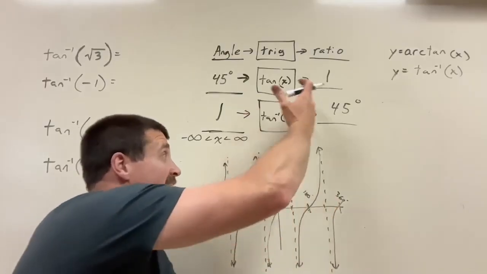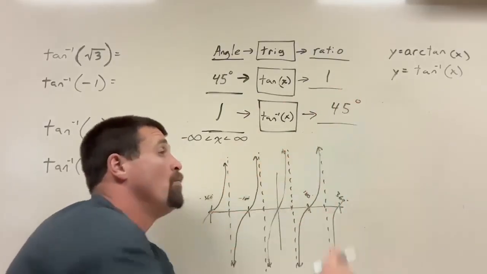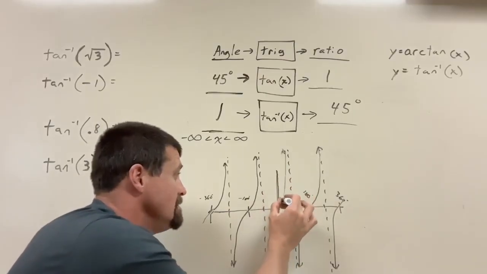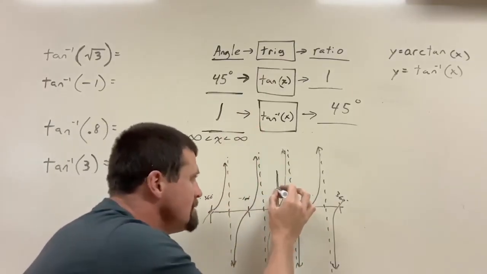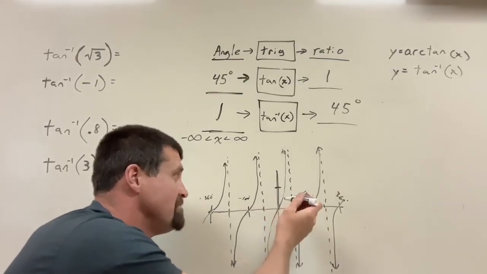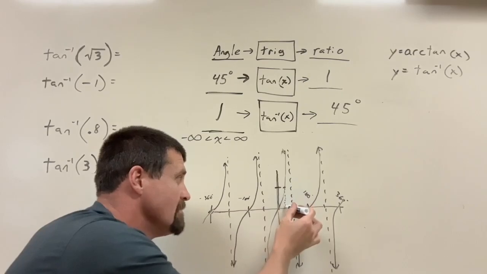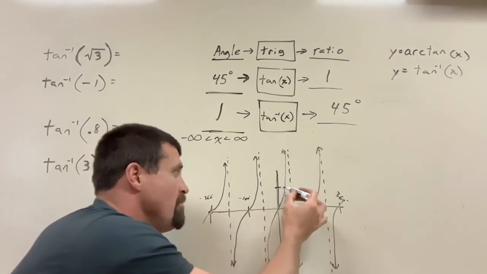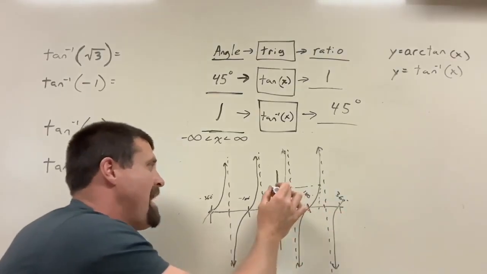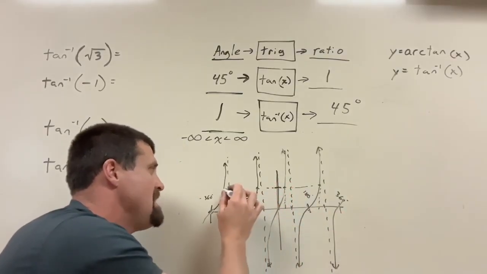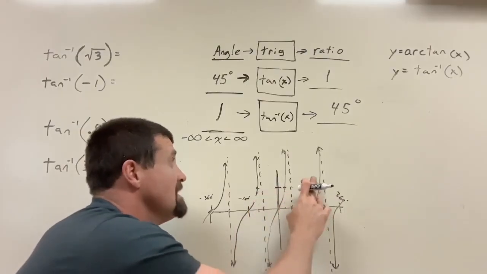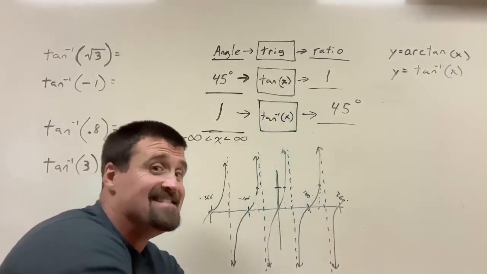Now the output, the angle: what angles is tangent going to give us? If I picked a random y value, like 1, and started looking for the angle that gives me that, I can find one right here. If I kept going, I would find another angle that gives me 1, and another, and another. I end up with lots of angles that give me 1 because the function tangent is not 1-to-1.